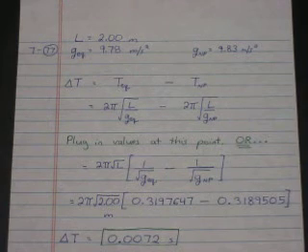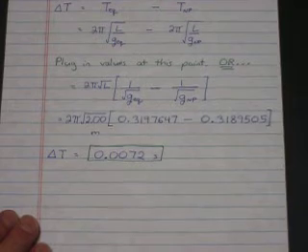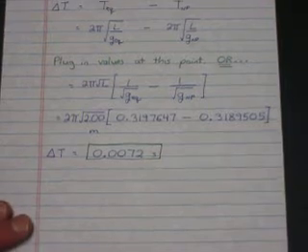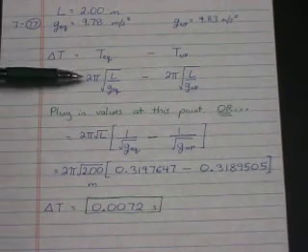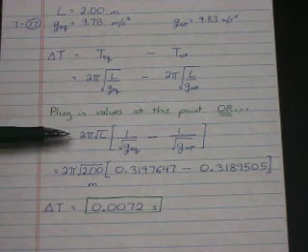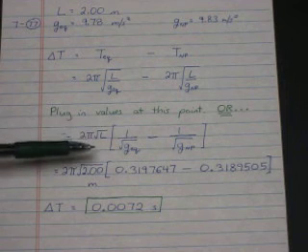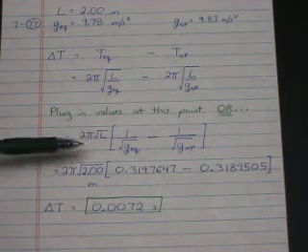Or, I'm going to do a bit more algebra with this. Factor out of the equation 2 pi and square root of L. So you're left with 2 pi square root of L times 1 over square root of g at the equator minus 1 over square root of g at the North Pole.